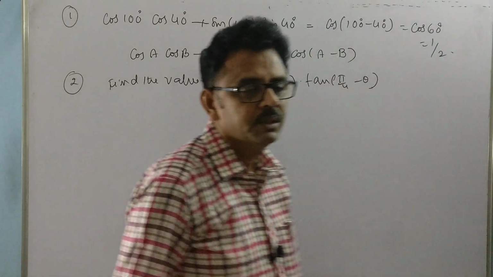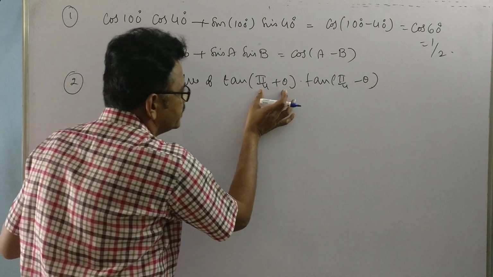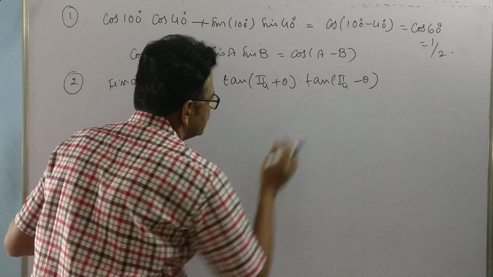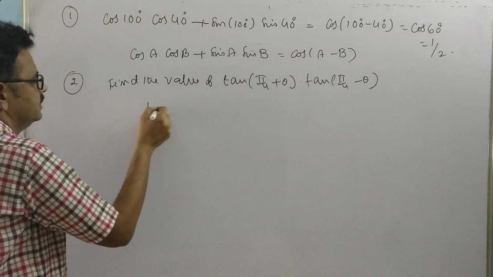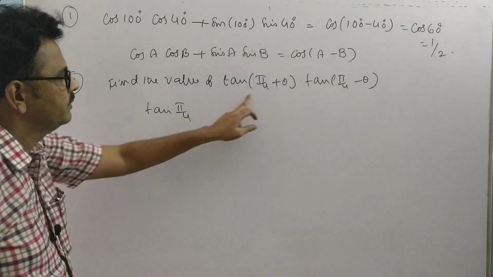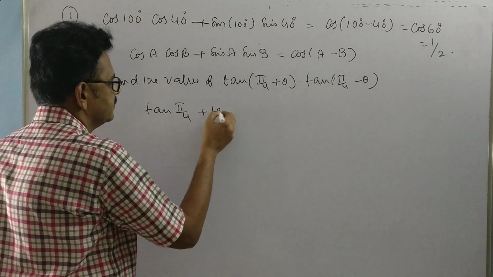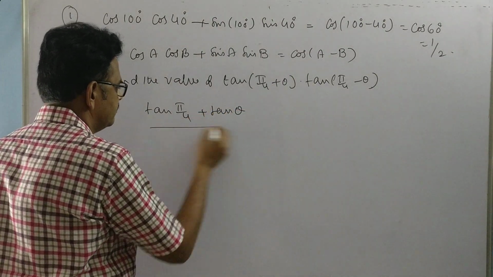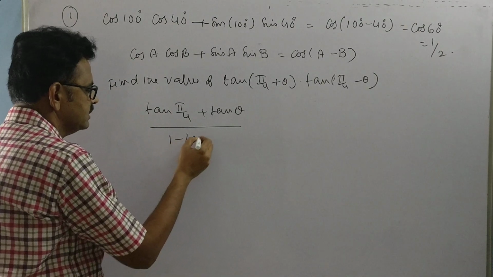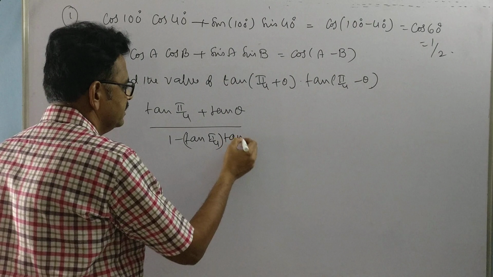Pi by 4 means what? 45 degrees. So this is tan of A plus B form, and this is tan of A minus B form. Tan of A plus B form is tan A plus tan B by 1 minus tan A into tan B formula.